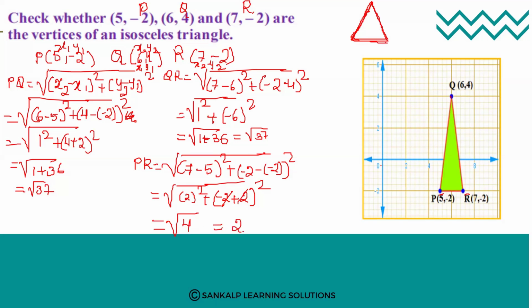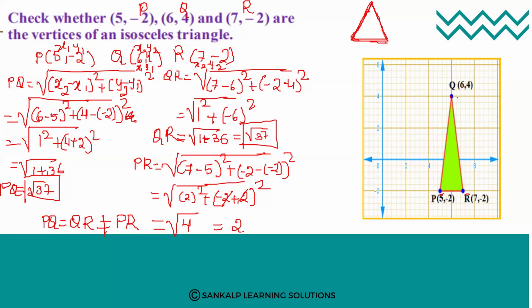Okay. Now, observe carefully. Here PQ distance is root 37. Right. PQ distance is root 37 and QR distance is also root 37. So PQ is equal to QR, but it is not equal to PR. If all three sides are equal, then it will be an equilateral triangle. But what they have asked is to check whether it is isosceles or not.